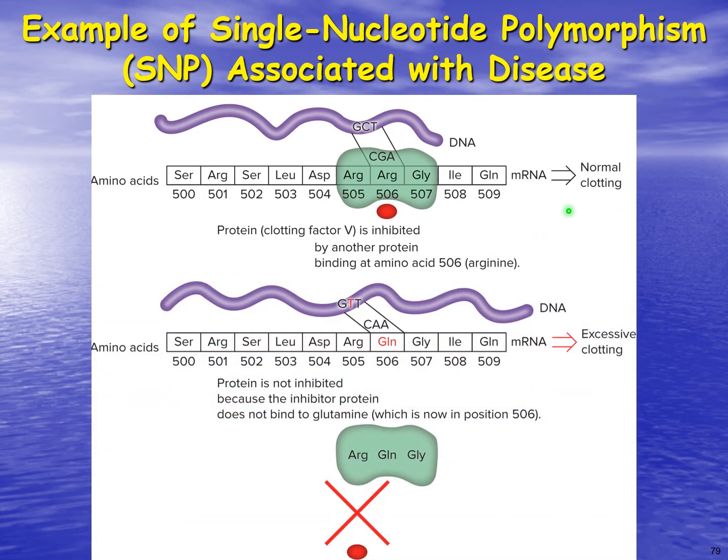However, if we have a SNP in this gene, so in other words, instead of GCT, we now have GTT that codes for glutamine here, then this protein factor will not be inhibited and we get excessive clotting.